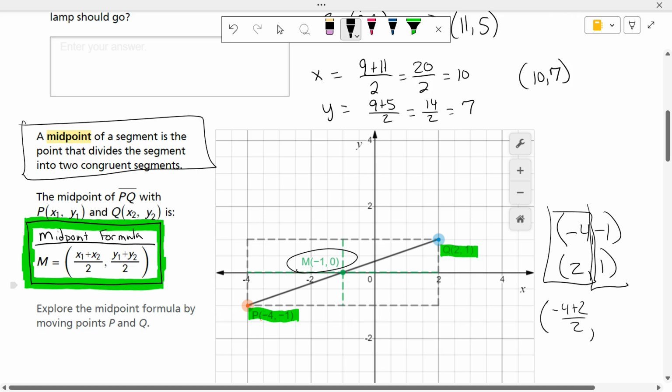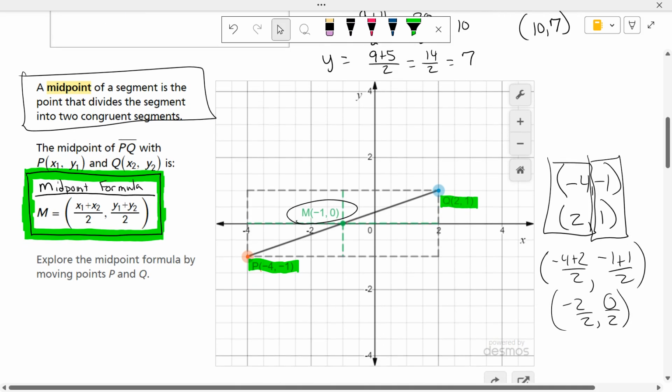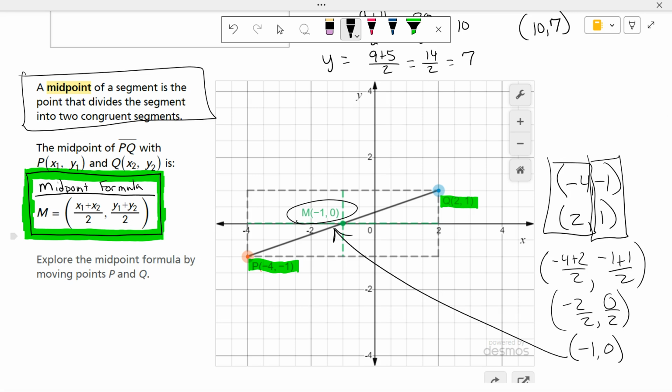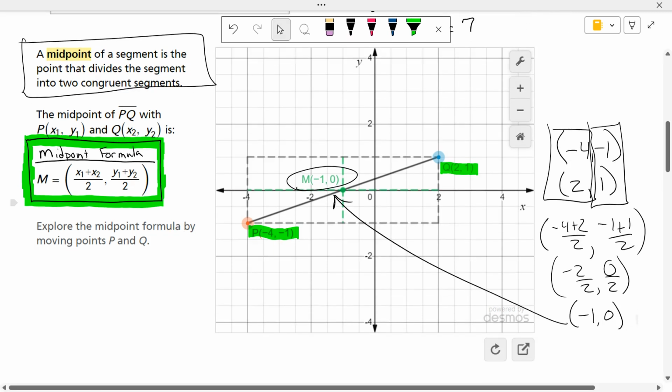Then take the 2 y's, put them together, -1 plus 1 divided by 2, which is -2 over 2, and 0 over 2, which is -1, 0, which matches their answer. So that's how we use the midpoint formula. Take the x's, add them up, divide by 2. Take the y's, add them up, divide by 2, and we get the midpoint. Pretty easy.